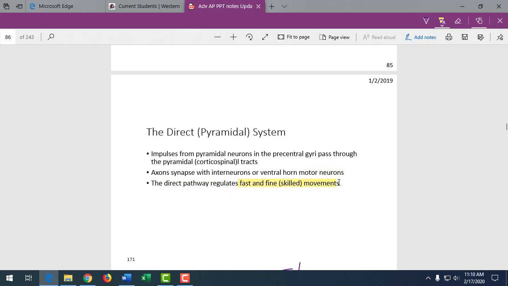But there is a difference between the two descending pathways. The direct is about fast, fine, skilled movements. So some people are good at this, right? Some people have fast, fine, skilled movements. They're your athletes, right? Your musicians. They're really good at fine, skilled, fast movements. Other people are not as good at that. Their nervous system just doesn't work that way.